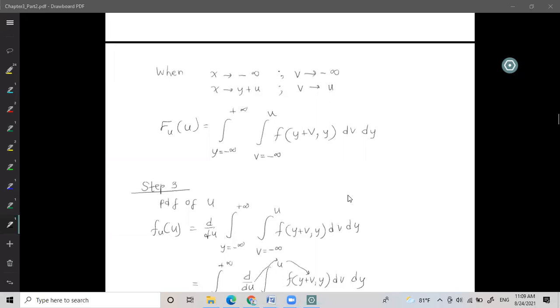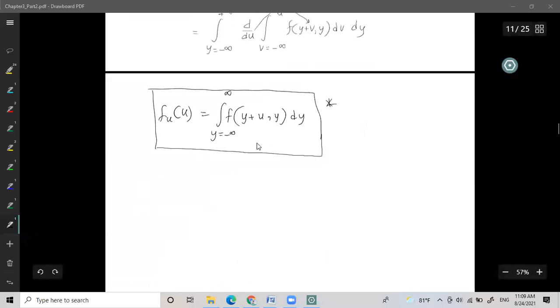We want to find it out. Or if you subtract two independent normal distributions with different means and different variances, what will be the final outcome? Is it again a normal distribution? So if you can find this f of u, you will know by looking at the equation: this is the normal distribution, this is the new mean, this is the new variance.